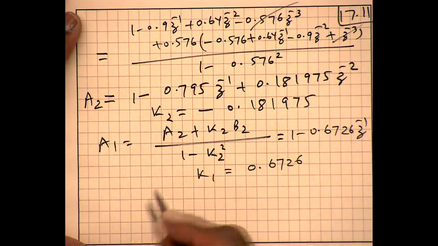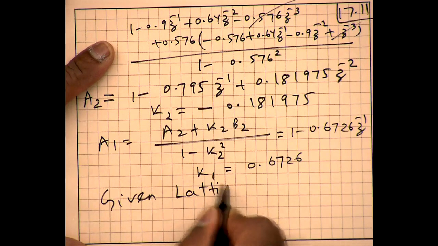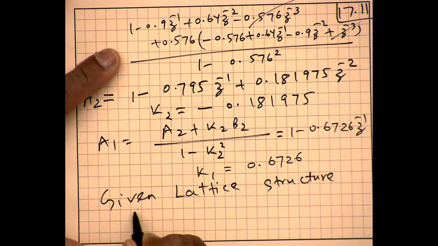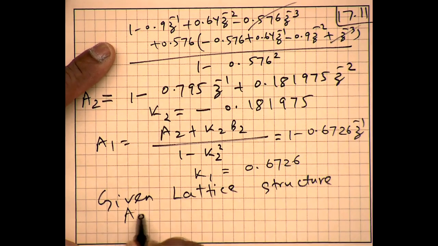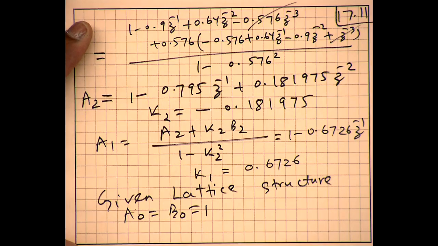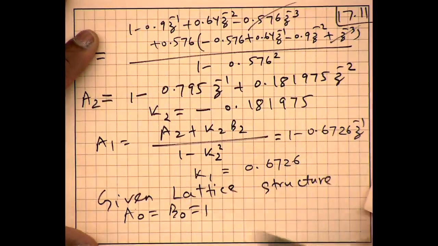But essentially, given a lattice structure, how do you compute A_N? Start with A_0 equal to B_0 equal to 1, and you know the K coefficients.